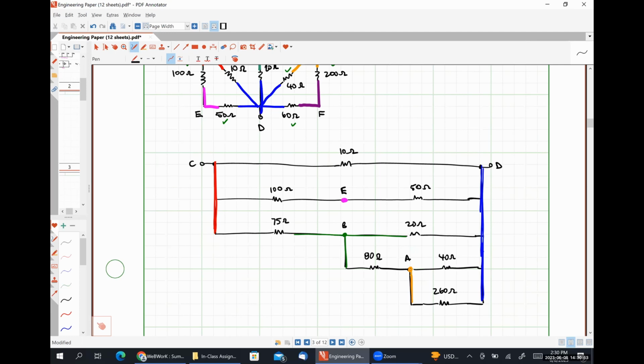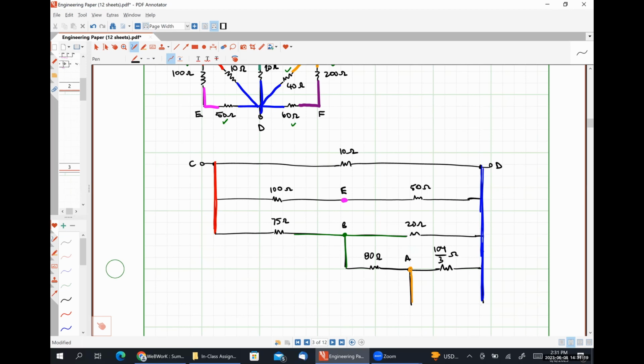My calculator tells me that that is 104 over 3. So because both of these resistors are between the orange node and the blue node, I'm going to replace it with a single resistor between that orange node and the blue node. So 104 over 3 ohms.